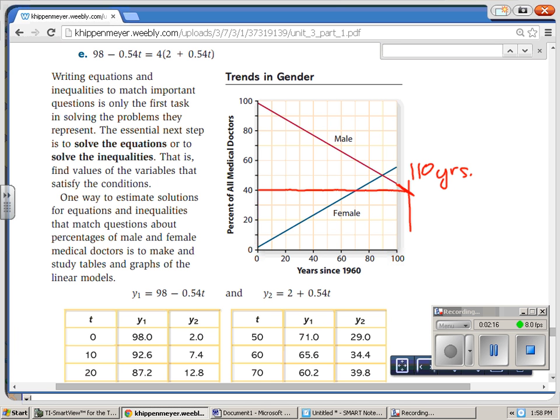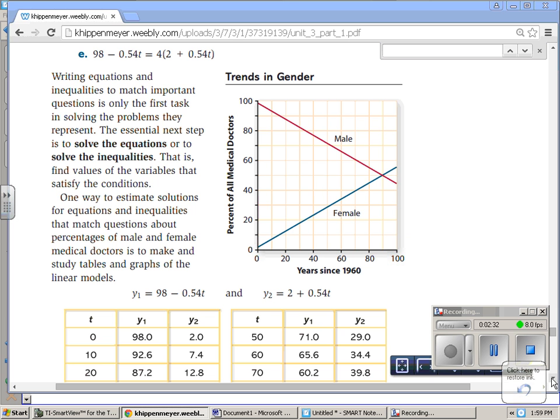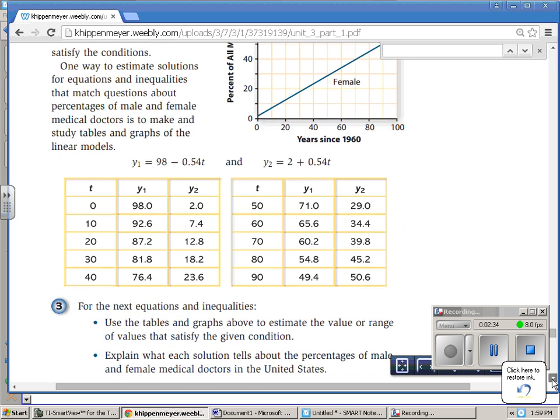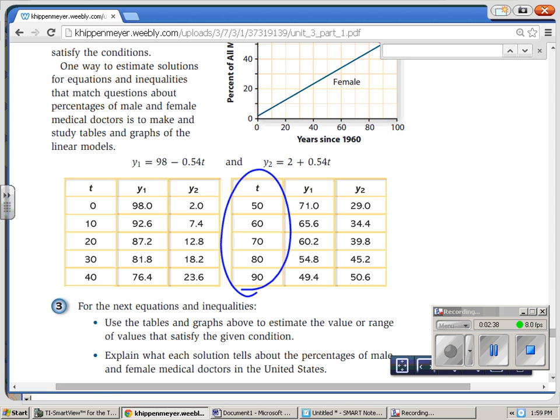To me, it looks like it occurs around, I don't know, 110. So it looks like around 110 years after 1960 that we've declined to about 40% or dropped just below it, somewhere around there. Now I want to be more specific than that. I'm going to see if this table down here will help me. It looks like the years do not go that high, so I'm going to go to my calculator.